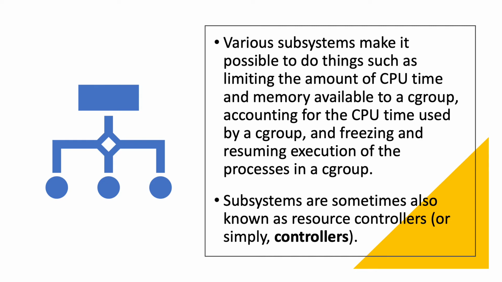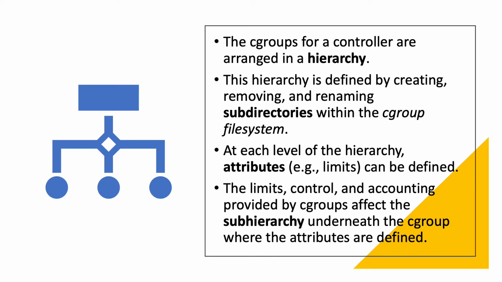So they control resources. And that's what you need when you want to have many different isolated systems or containers that are doing things. So you have to have the ability to organize it and limit what it's using in the resources, and giving it access, obviously, to the resources. So the groups for a controller are arranged in a hierarchy, and you do this because it's designed like an operating system.